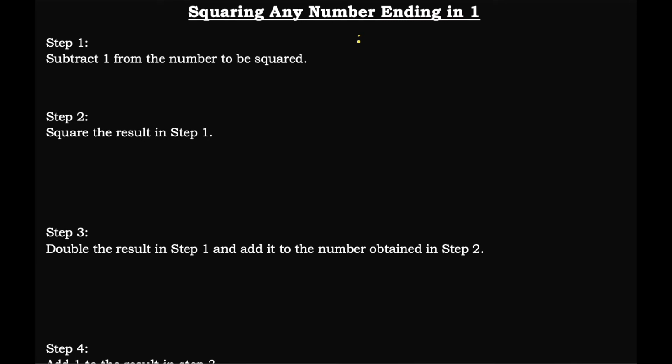So I have here a question: what is the square of 41? 41 is the number that I would like to square. Take note that 41 ends with number 1, and we will apply these 4 steps indicated here so that we will arrive at the square of 41.